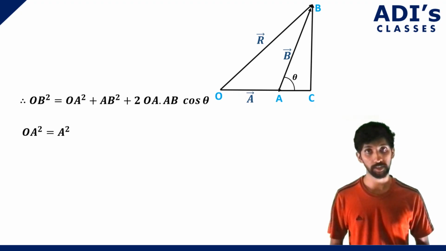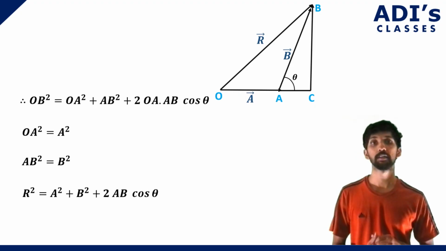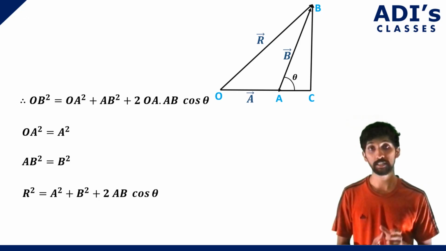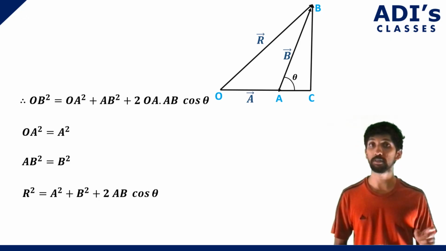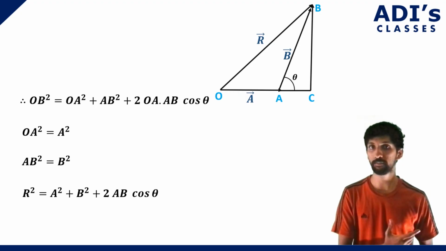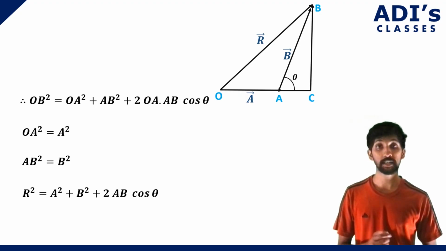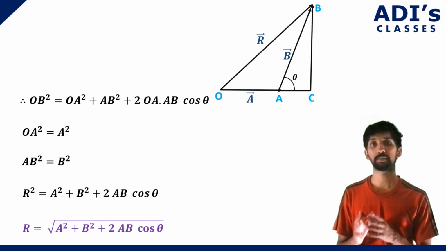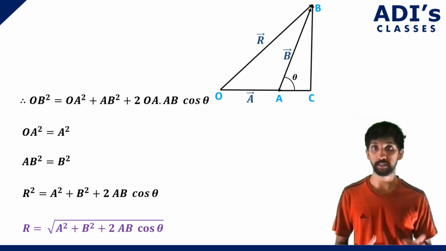So we get A square plus B square plus 2AB cos theta. This is nothing but R square, because this is what we were computing as OB square. So R is equal to the root of A square plus B square plus 2AB cos theta.